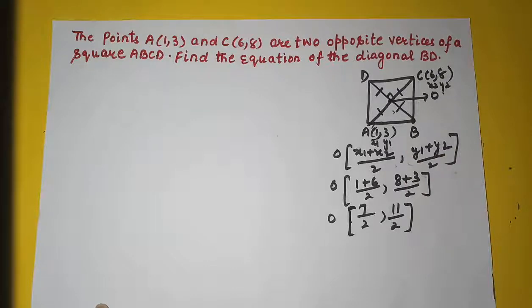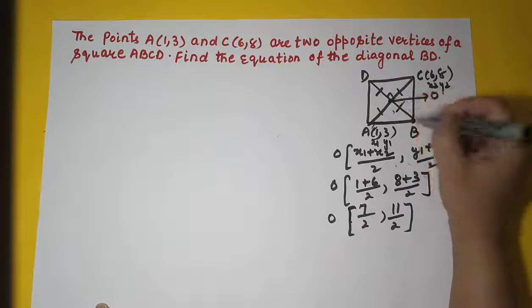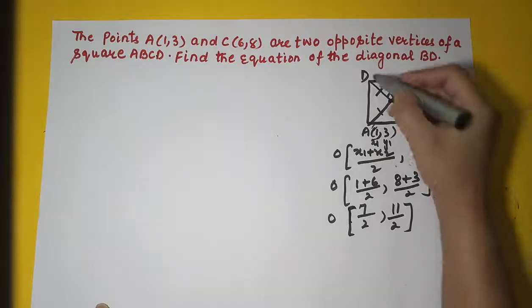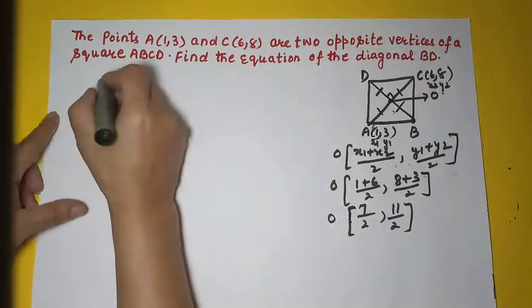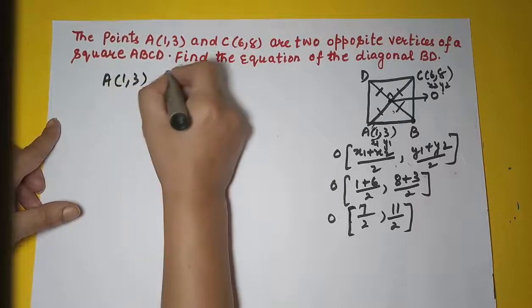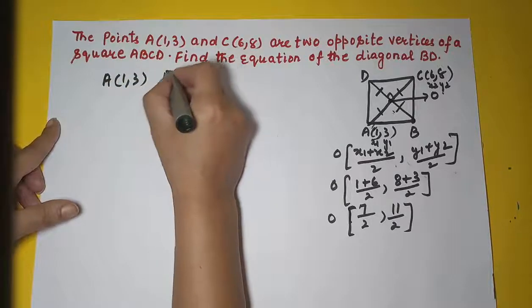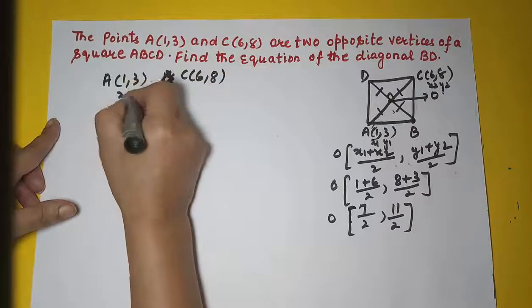Now you have to find the slope of BD. For that we will find the slope of AC, right? Let's write that. A is 1 and 3 and C is 6 and 8. So this is my x1 and y1.